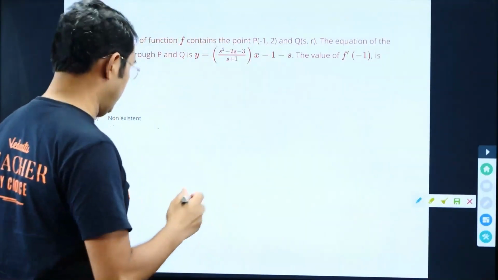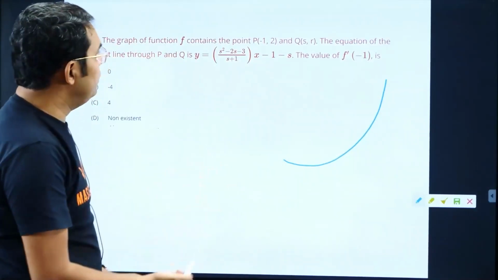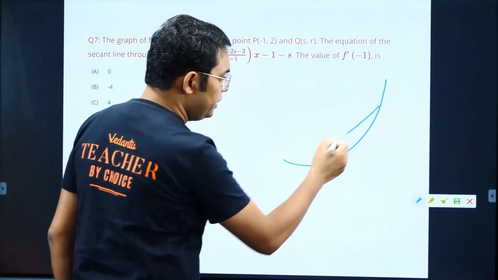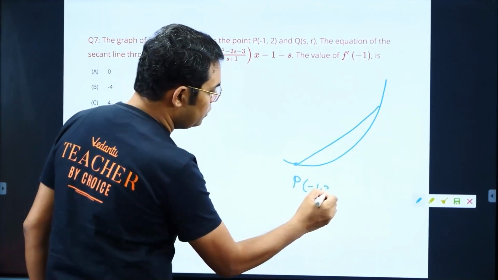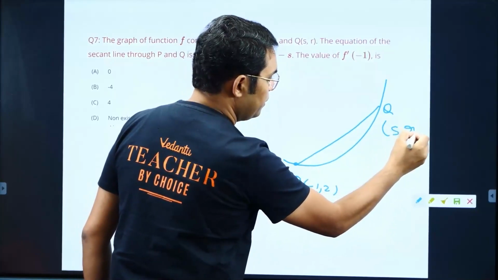Please understand what this question is. You are having, let's say, this kind of graph of the function f, where these are 2 points, where this is P(-1, 2) and this is Q(s, r).